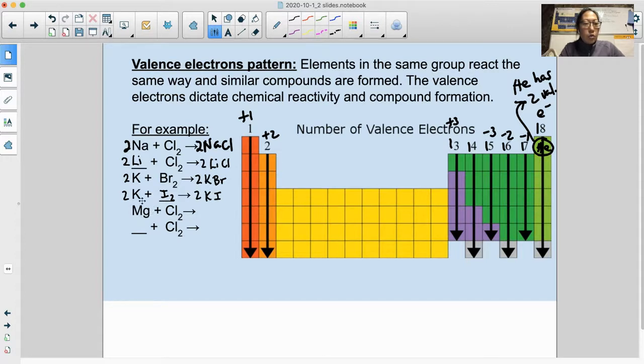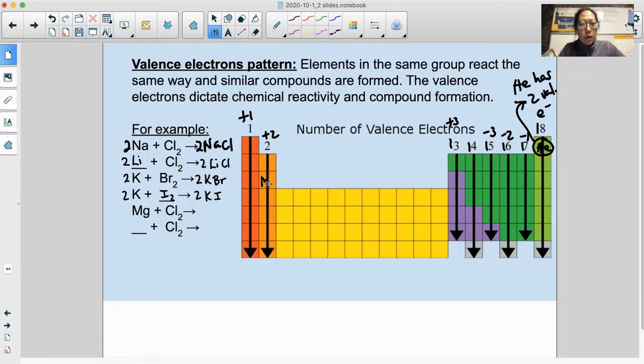All right, now Mg is not in the same group as Na, Li, and K. It will not behave the same way with the halogens. We will not get a similar formula as the halogens with the alkali metals, with group 1 and group 17. Now we have group 2 with group 17. Mg is right here.